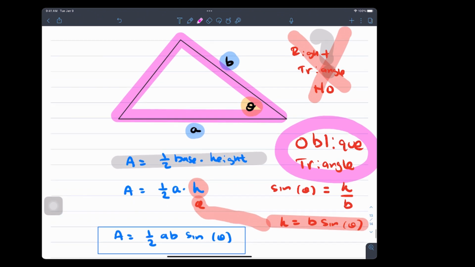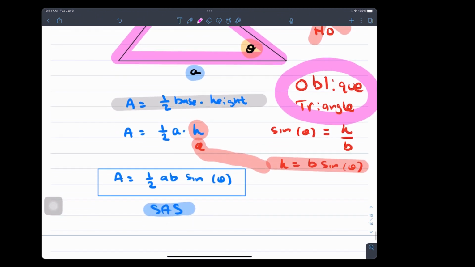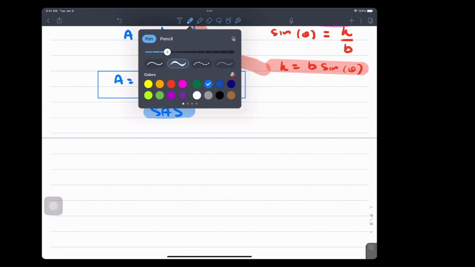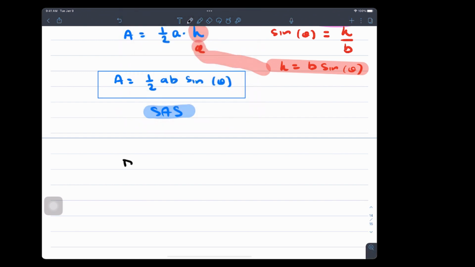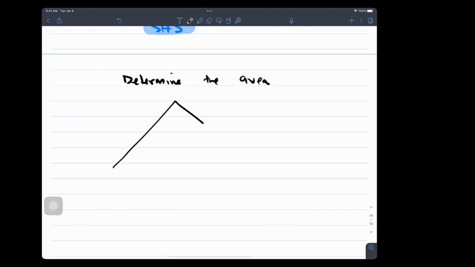But again, it needs to be what's called a side angle side situation. For an example, they can say determine the area, and they'll give you information like this: this is 25 degrees, this is 20 feet, and maybe this is 12 feet.